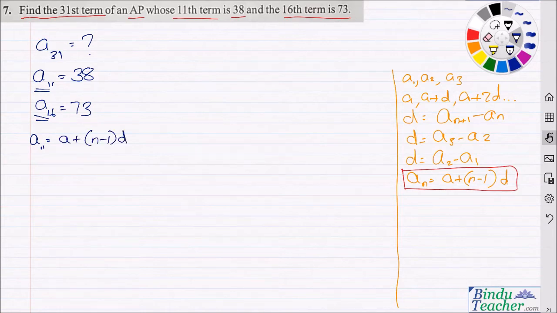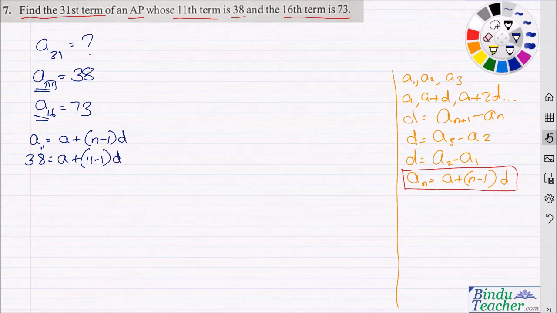Here the value of a11 is 38 equals a, which we do not know, plus n, which is 11 here, so 11 minus 1 into d, the common difference.